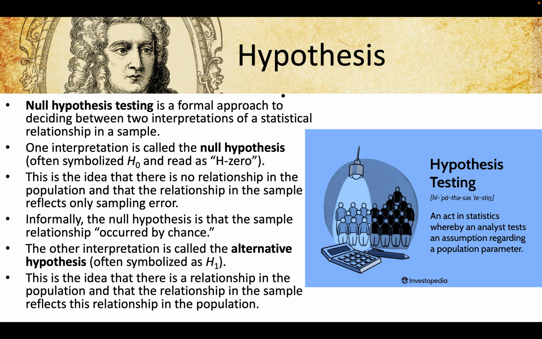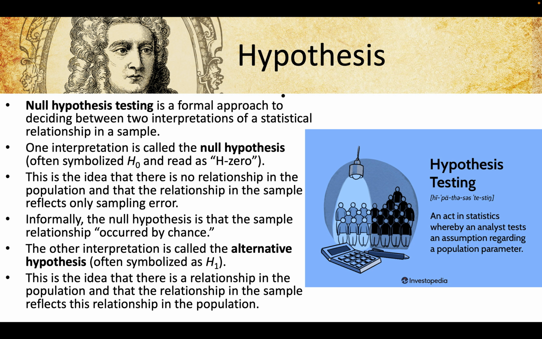Null hypothesis testing is a formal approach to deciding between two interpretations of a statistical relationship in a sample. One interpretation is called the null hypothesis, often symbolized as H0 and read as H-naught. This is the idea that there is no relationship in the population and that the relationship in the sample reflects only sampling error.